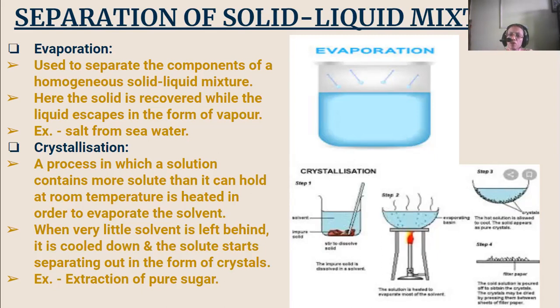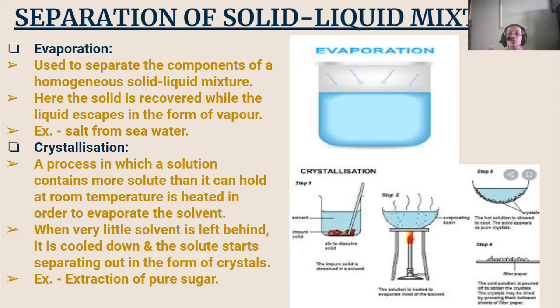So we will heat the mixture, and we will see that more of the solute will get dissolved in the solvent. As we are heating the mixture, the solvent will get evaporated.